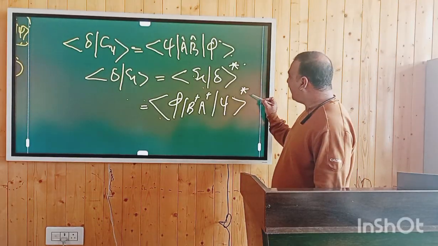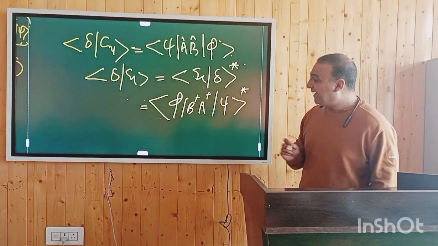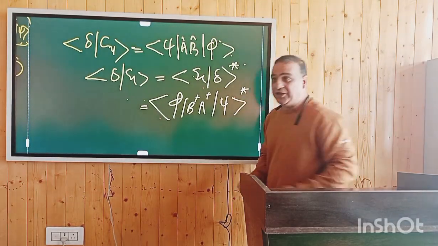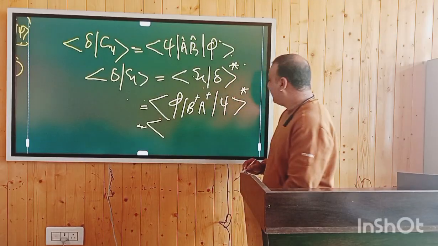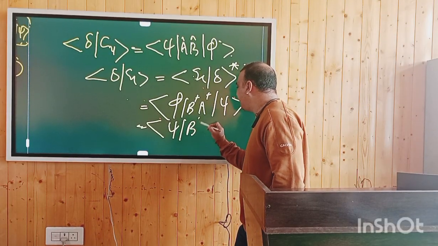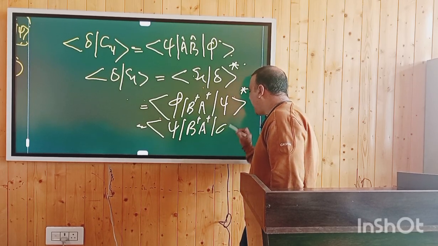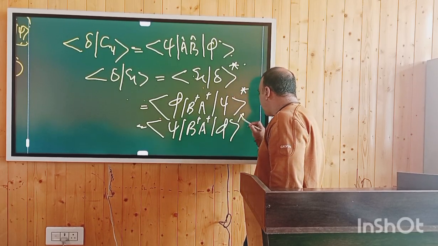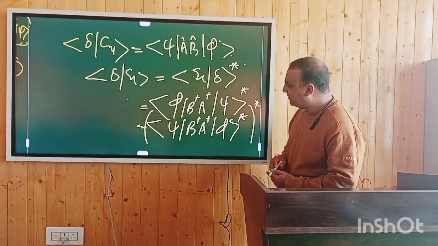Now, if I take another star, what do I have to do? If I take another star, the order will change. What I'll get here is psi, B dagger, A dagger, and phi, star, and whole star. Am I right?